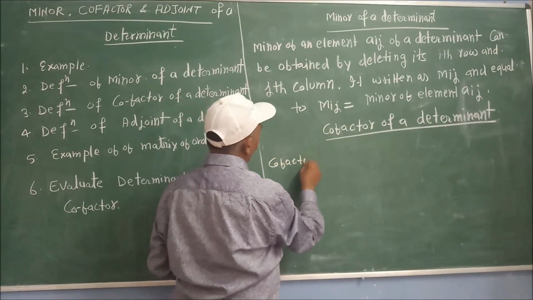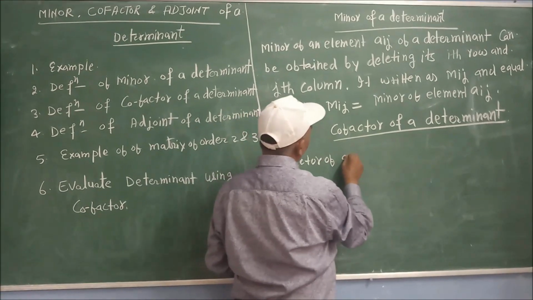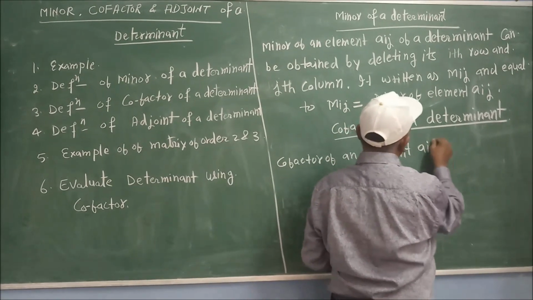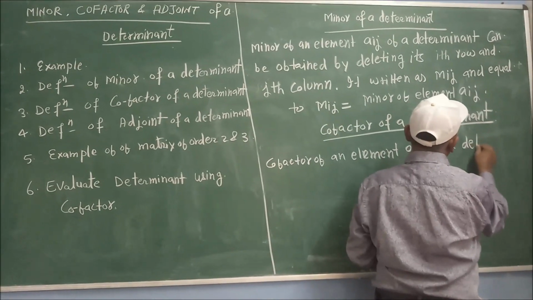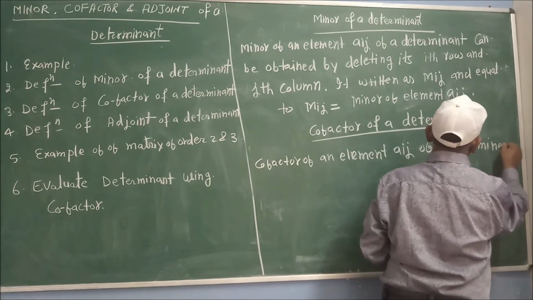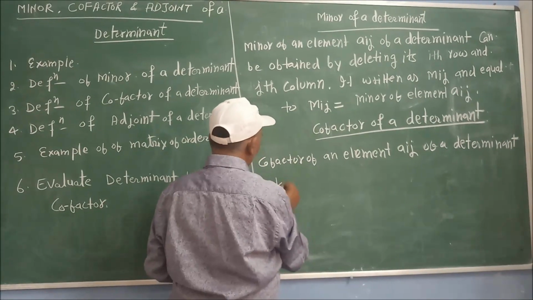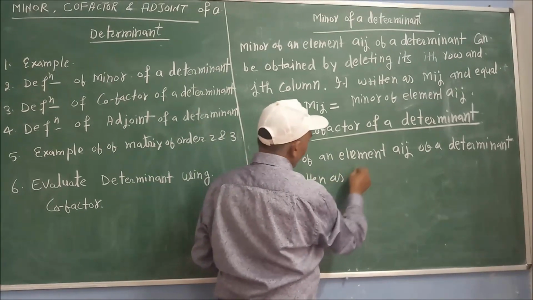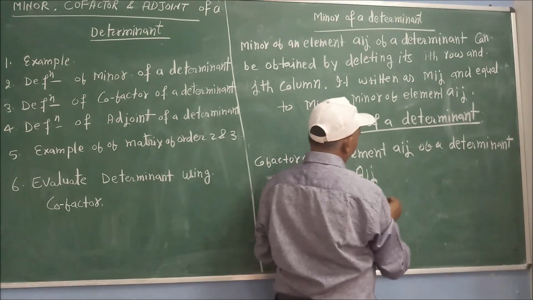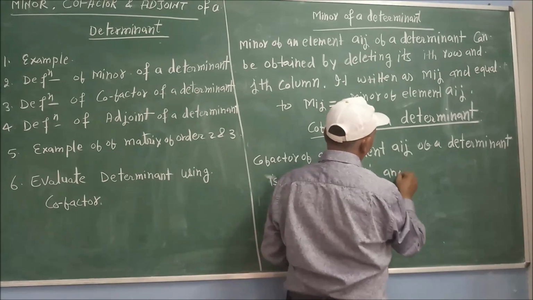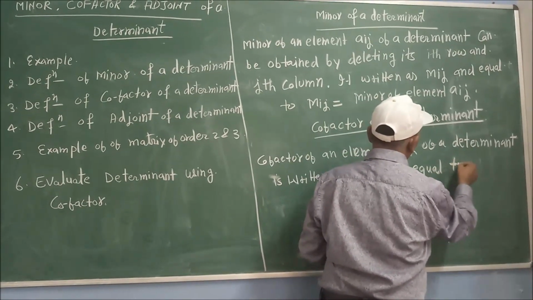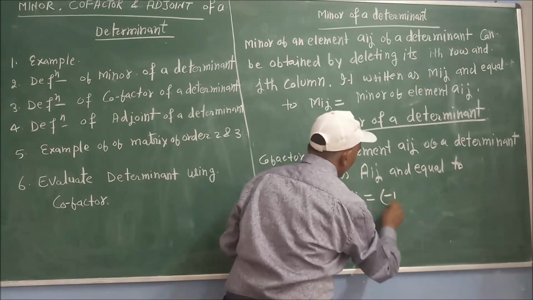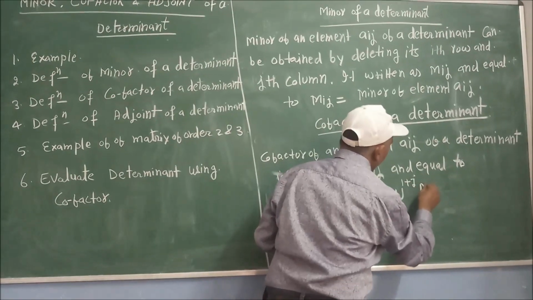Cofactor of an element Aij of a determinant is written as capital Aij, and capital Aij is equal to minus 1 to the power i plus j Mij.